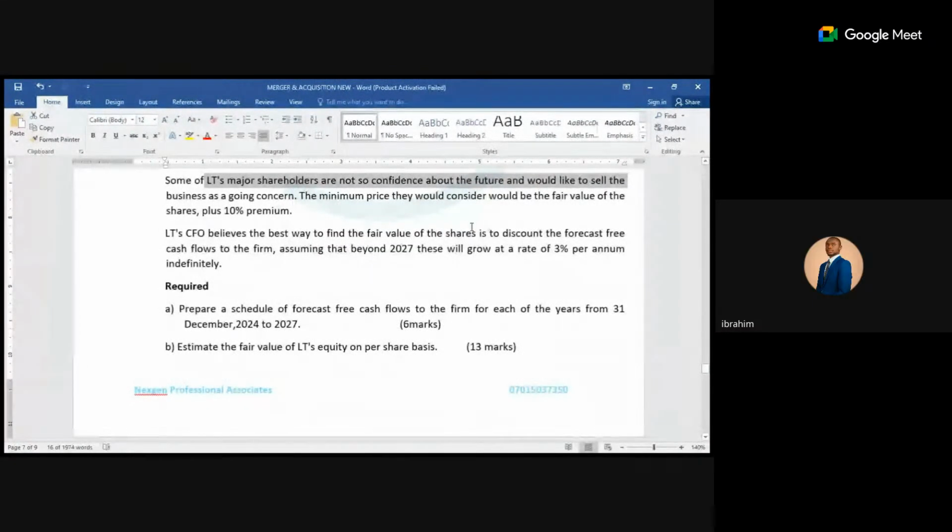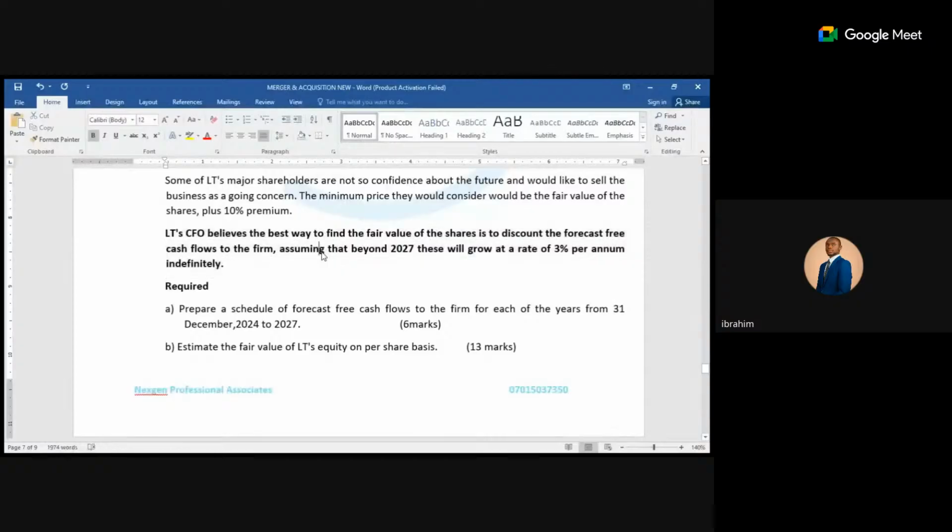Class, can you see it? The CFO believes that for us to get the fair value of the shares, we have to discount the forecast free cash flow to the firm. When you get your value, you divide it by the number of shares. It will give you the fair value of the share.